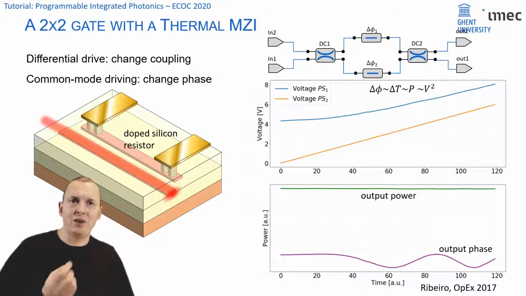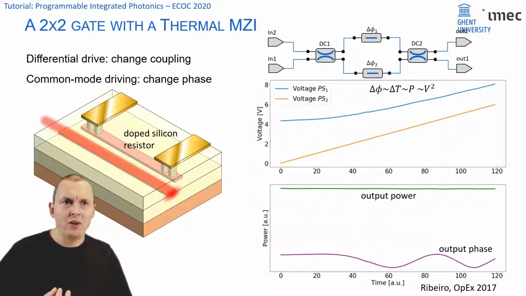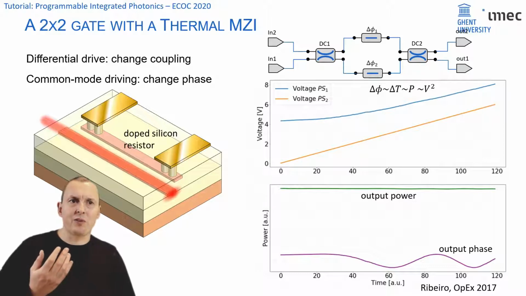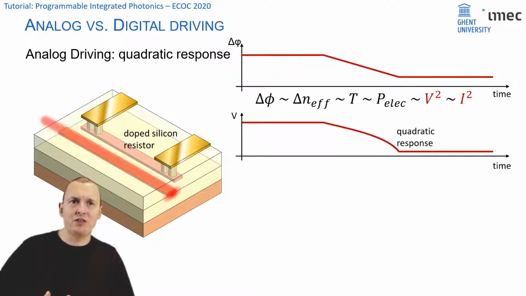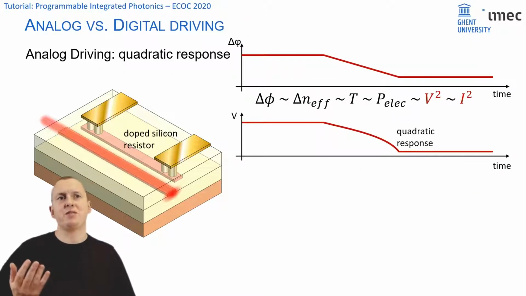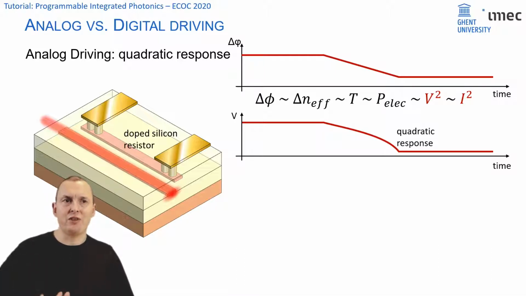You have to drive one heater, for instance, in a linear curve, but the other one has to go through a quadratic curve. And these need to be very carefully characterized for it to work. So the quadratic response curve of a heater actually complicates matters a lot. You always need to keep in mind that you have this quadratic curve.